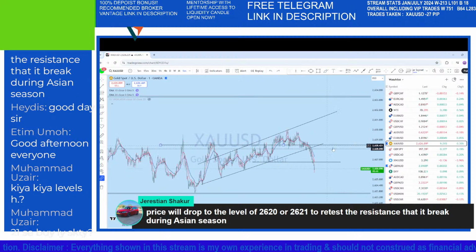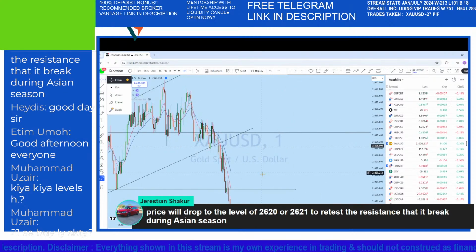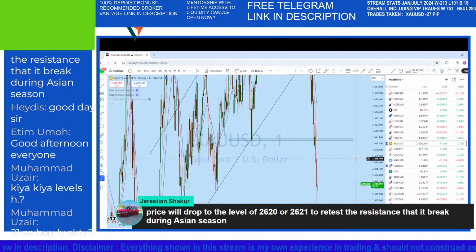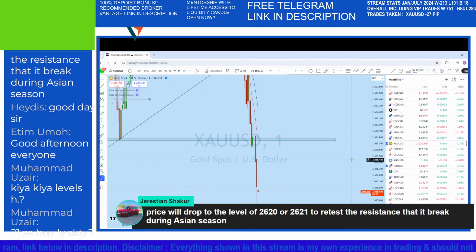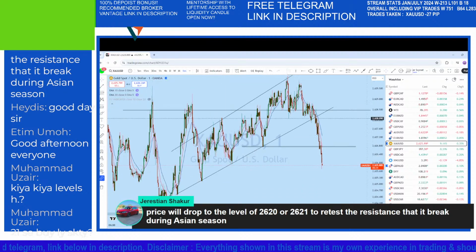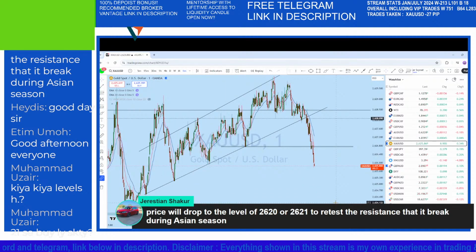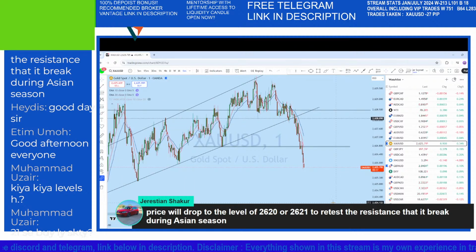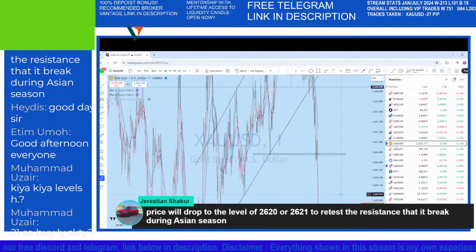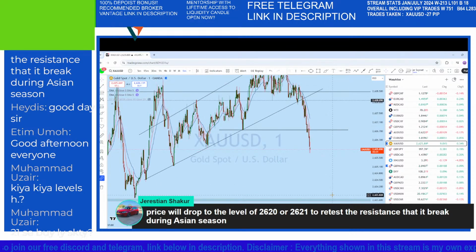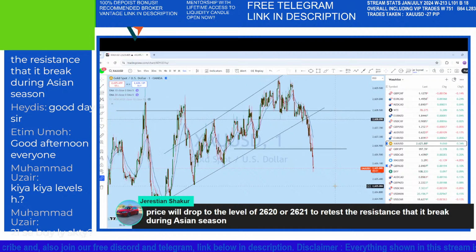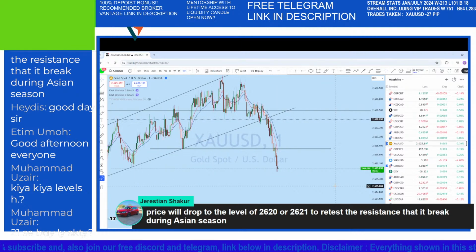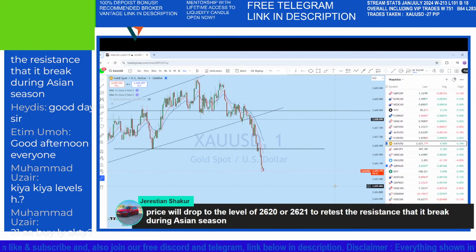So looking at that part, it's a pretty strong downtrend at the moment on the lower time frame.